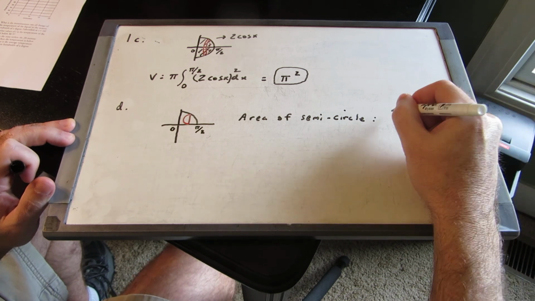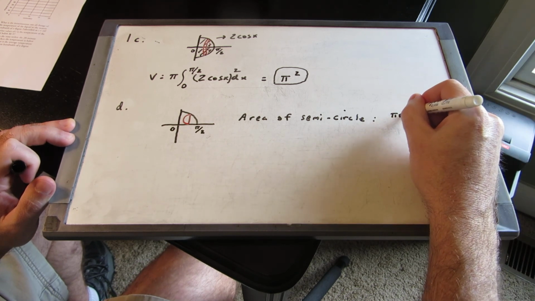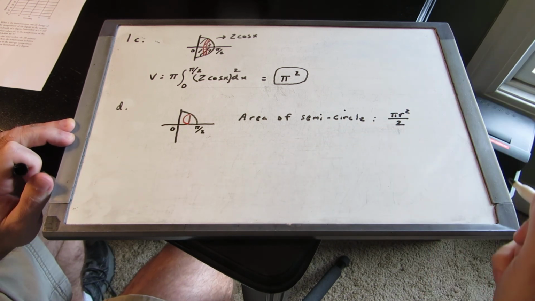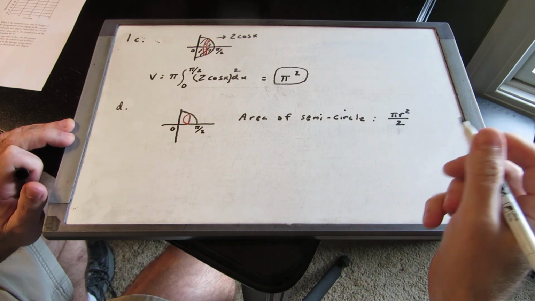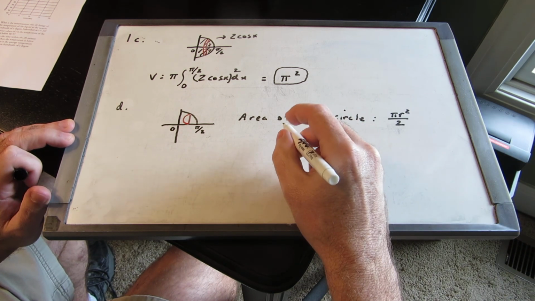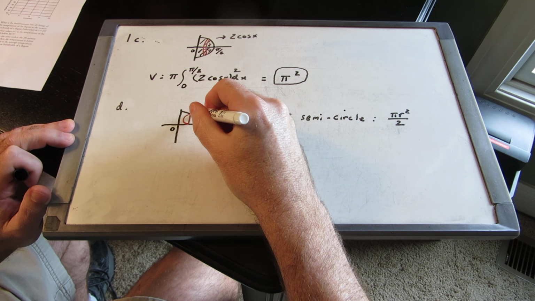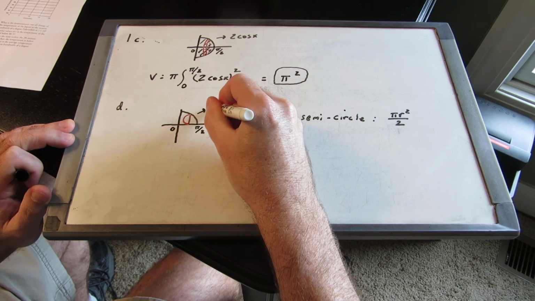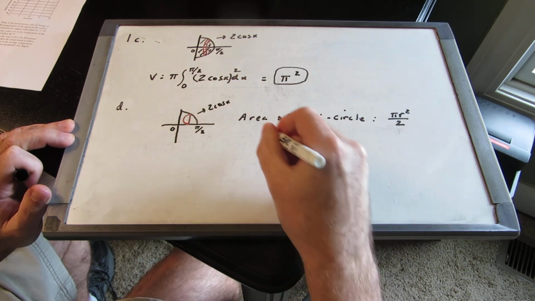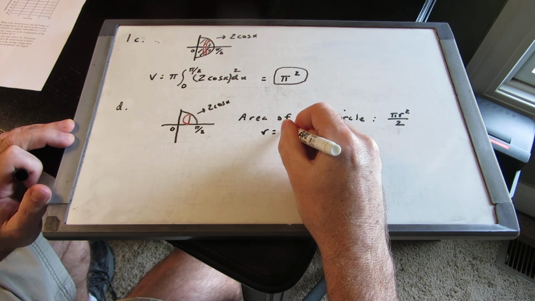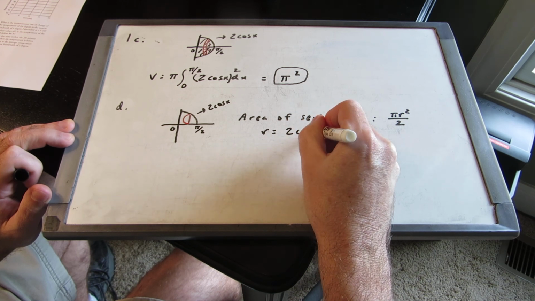The area of a circle is pi r squared, so it's going to be pi r squared over 2. So what is r? What is the radius? Well, the radius is just going to be the height, which is 2 cosine x, right? So radius is 2 cosine x.